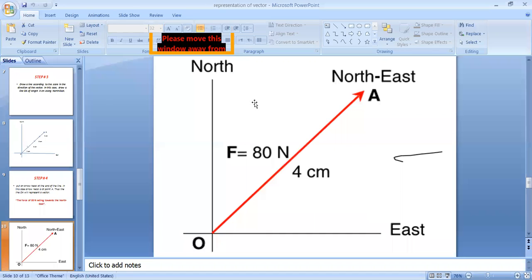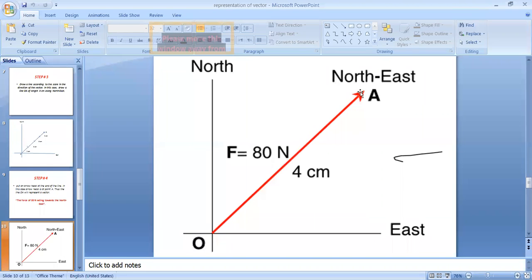Your vector A is in between north and east, so it is called north-east. Your 4 centimeter line will give you force 80 Newton. Clear? Now the last point is that you have to put an arrowhead.